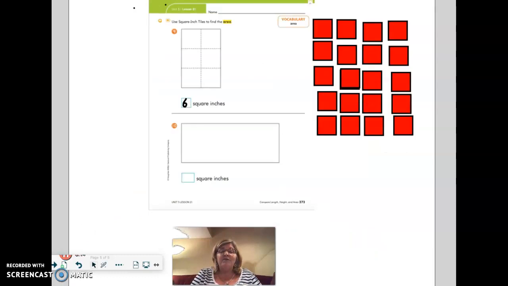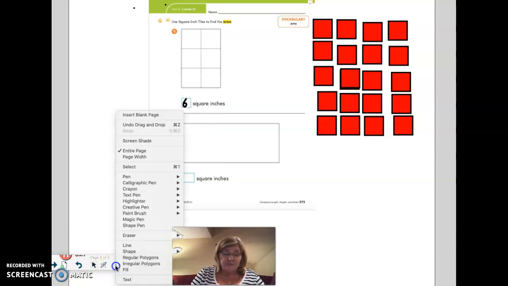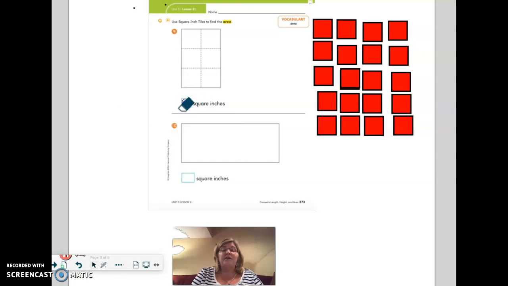Well, we are going to look at the worksheets that are in your workbook. And this is going to be a little tricky for you to do on your own. Whoops, there was an answer right there that you can't spy. Because you don't have these math manipulatives at home.